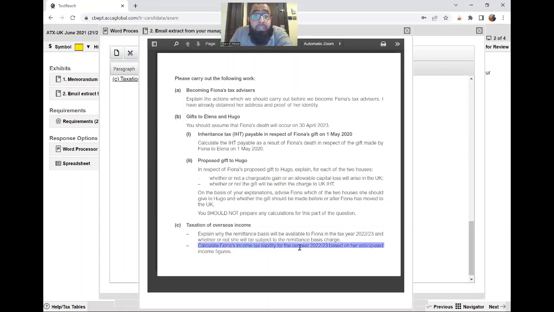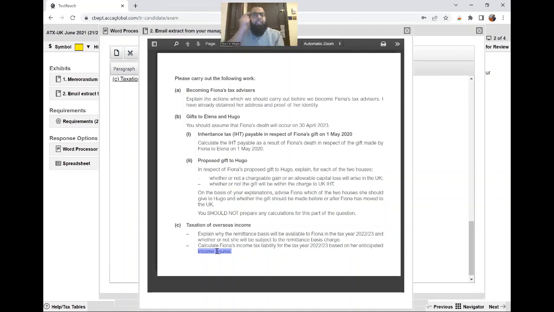Calculate Fiona's income tax liability for the tax year 2022-23 on the basis of her anticipated income figures. So we have to comment on the remittance basis and we have to calculate the income tax liability.